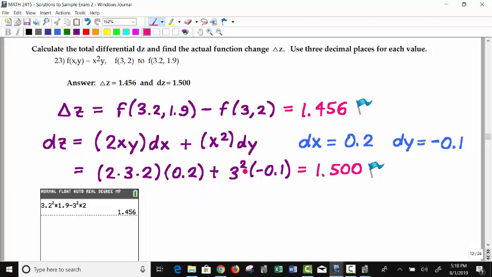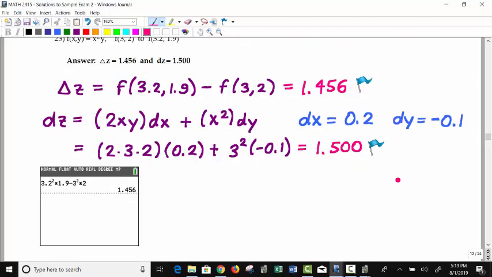Plus x squared, 3 squared, times dy, negative 0.1. I didn't put that one in the calculator, but it's pretty easy to calculate. You get 1.5000. It says use 3 decimal places for each, so I added the zeros. All right, that's the differential.